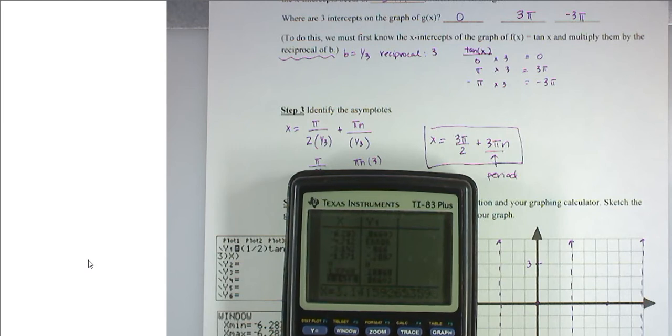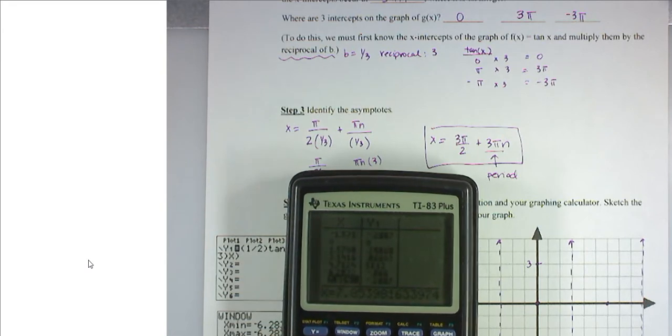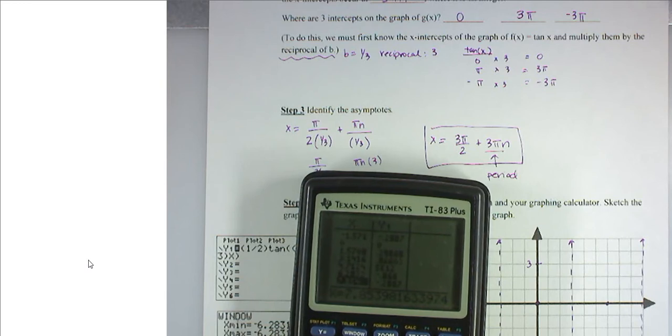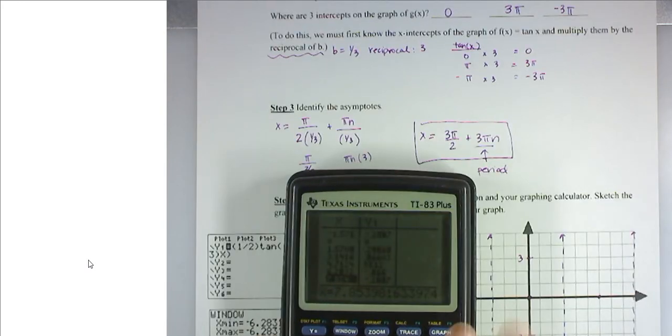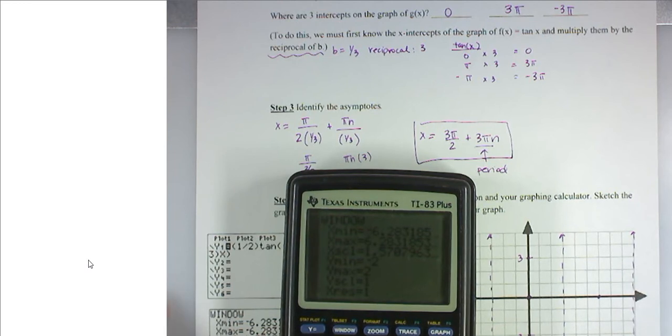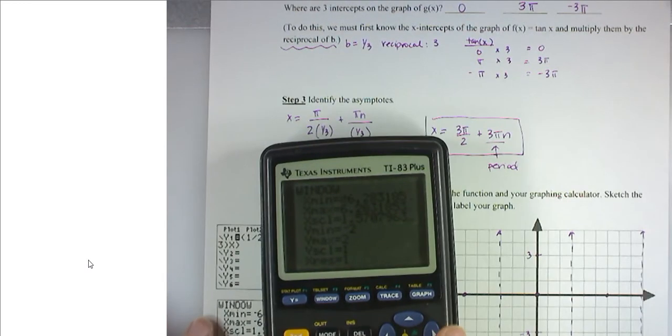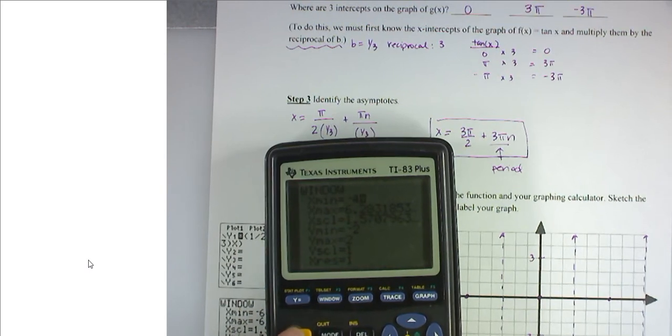And I'm also going to set my window. If this is 3 pi, this is 4 pi here, so I'm going out to 4.5 pi, or I could just do 4 pi. And then I'll keep it pi over 2, but this I can make longer. Okay, and then we will graph.